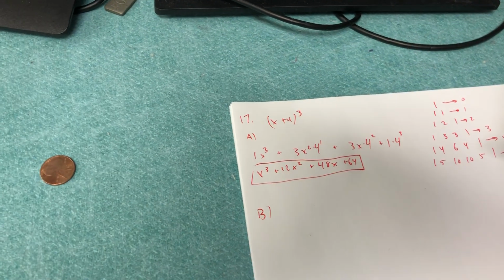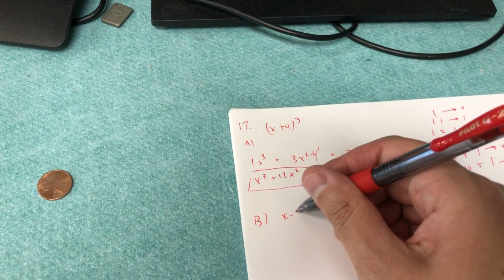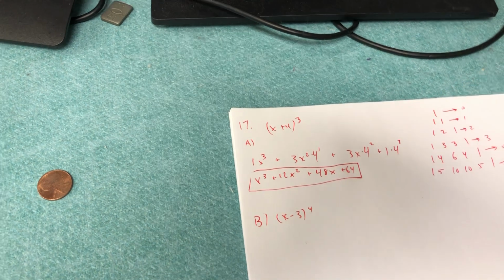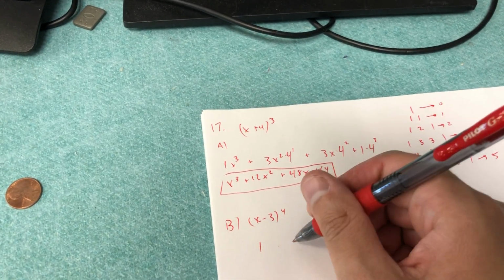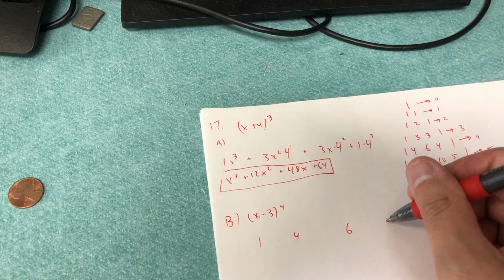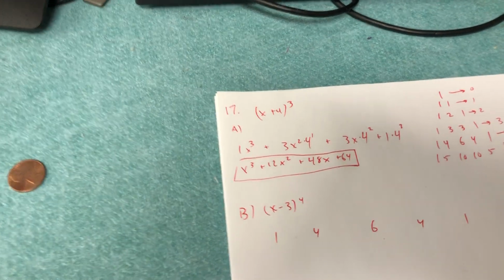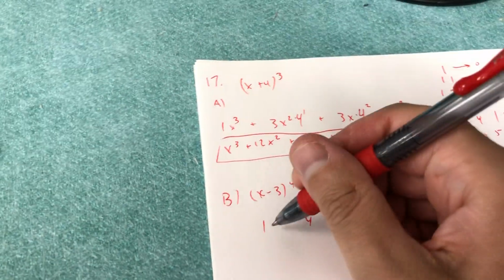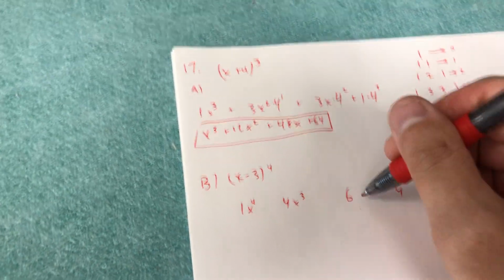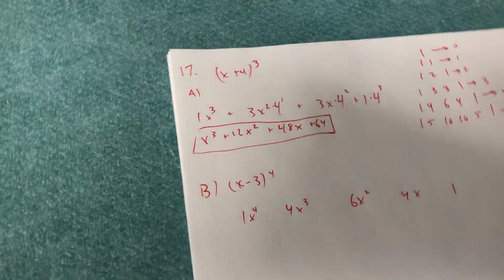For part 2, it's x minus 3 raised to the fourth power. So I'm using this fourth power line, the 1, 4, 6, 4, 1. And again, you're going to have decreasing powers of x. So you're going to have x to the fourth, and you're going to have x cubed, and x squared, and x.